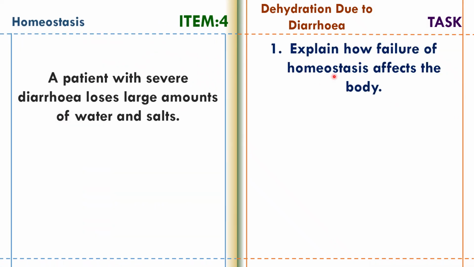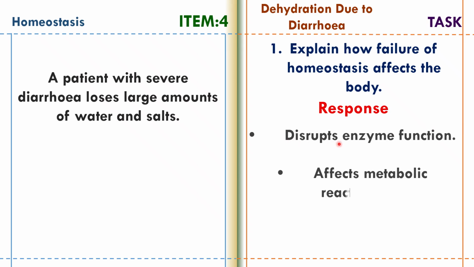Explain how failure of homeostasis affects the body. It disrupts enzyme functions. It affects metabolic reactions. It leads to organ malfunction.